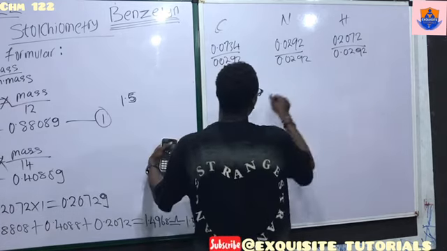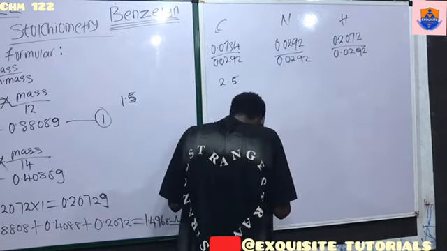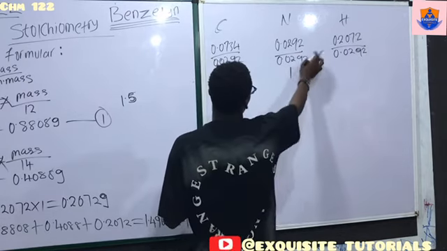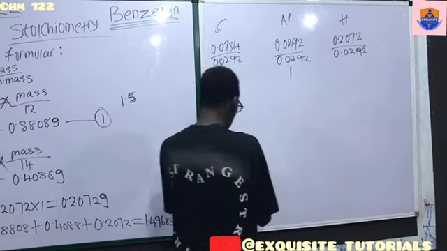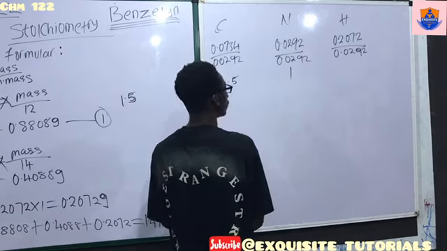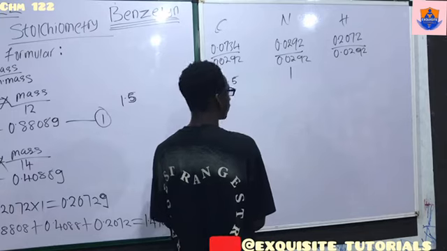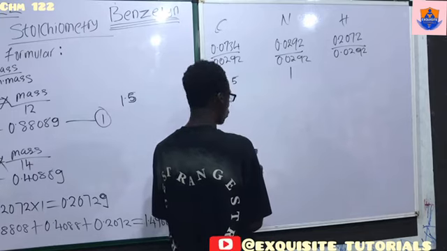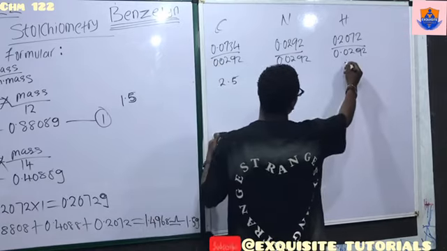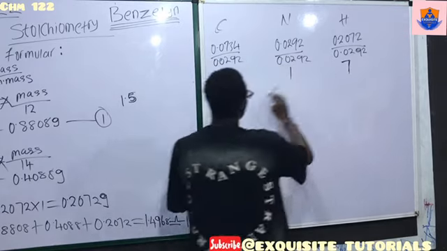Then here should possibly be 1 because they are equal. And here we have 0.2072 divided by 0.0292, and we have here 7 approximately.